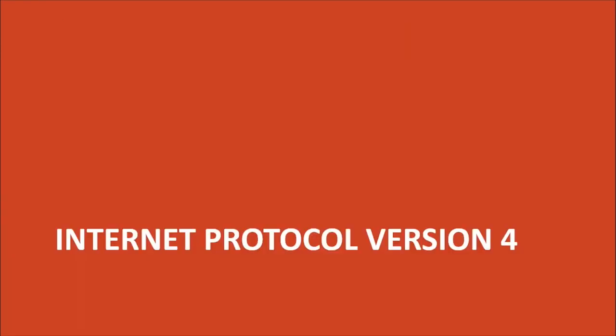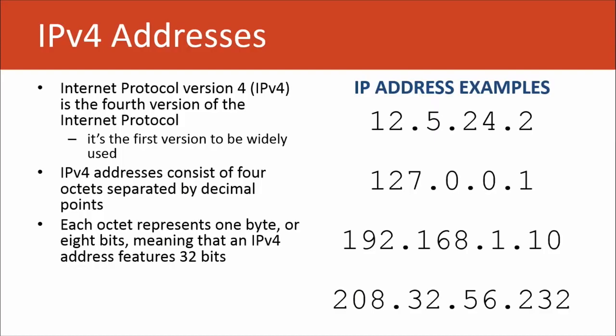All right, so let's talk a little bit more about IPv4. This is the fourth version. That's why it says v4. It's the first version, though, of the IP protocol to be widely used. IP addresses consist of 4 octets. We touched on this briefly in a previous presentation, but it's super important to know.